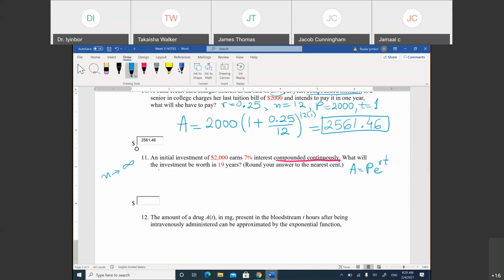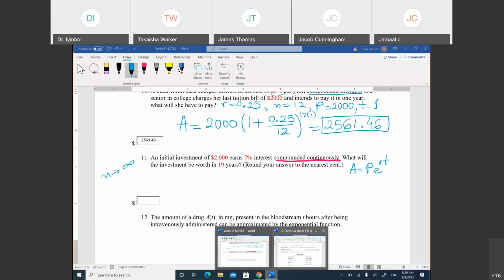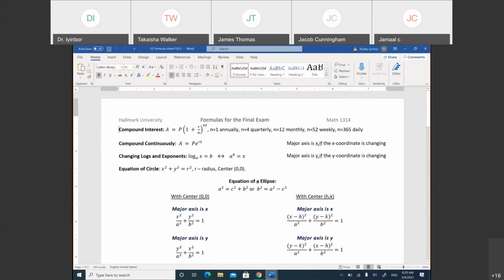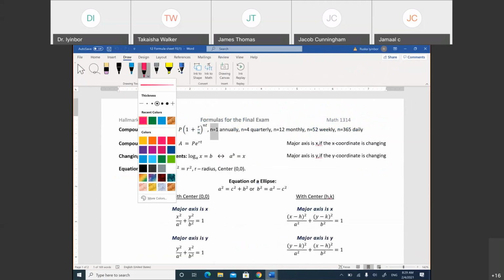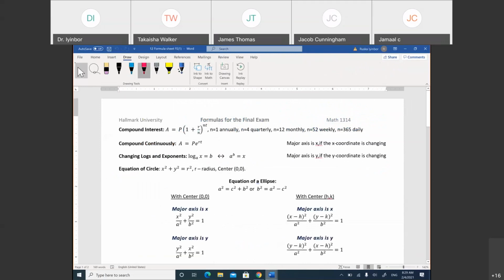Infinity, a lot, right? So what that means is you compound as often as you can imagine. If you look at your formula sheet here, see, when it's compound annually, N is 1. When you compound quarterly, N is 4. But imagine compounding infinity times.